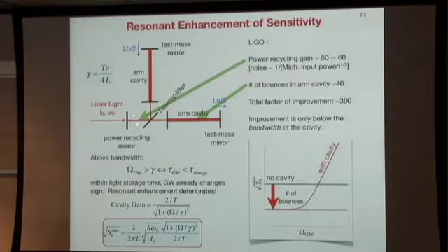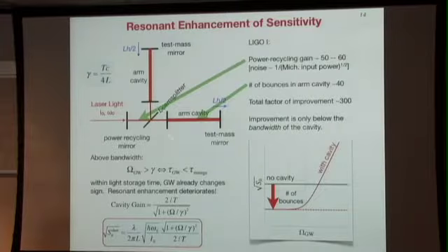The way to think about it is that there are two kinds of amplification. The first one is fairly easy. This power should just be the power in the previous page we should have plugged in, which is the input power in front of the Michelson. It turns out for LIGO this is 50 to 60 times, and you get a square root of this number in terms of the sensitivity improvement, the square root of the power.